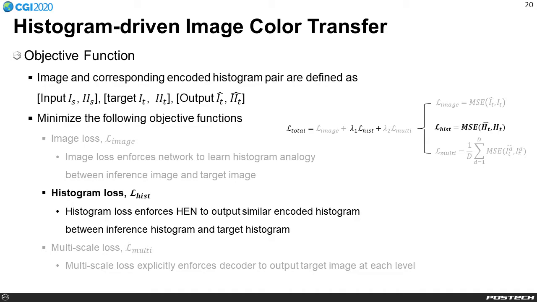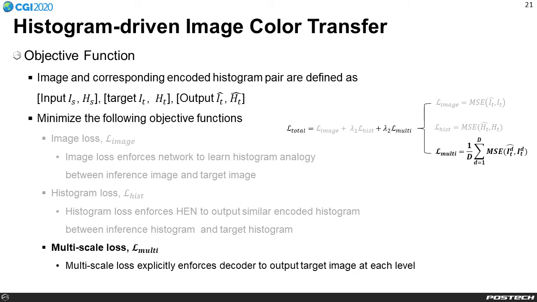The network is trained to minimize MSE between histograms of predicted and ground truth images. The third is multi-scale loss, which is MSE between predicted color transferred images in each level of the decoder and corresponding downsampled ground truth target images.